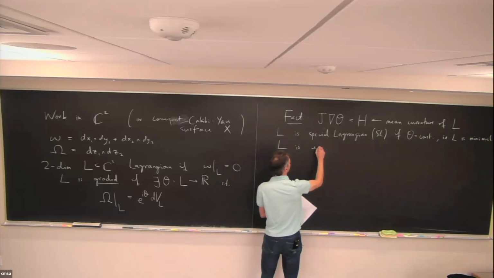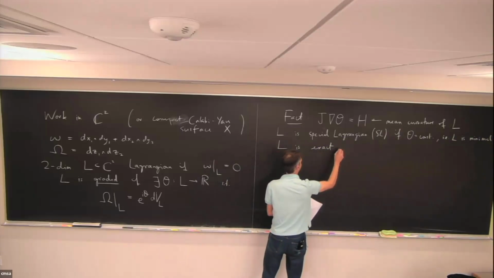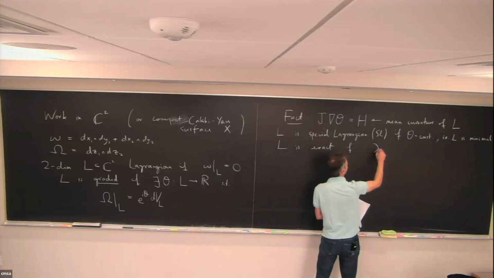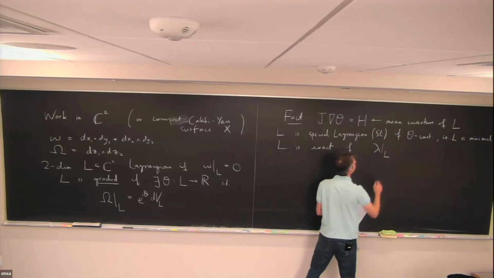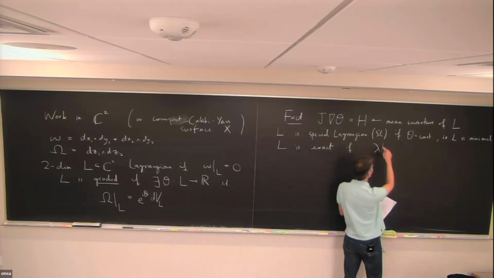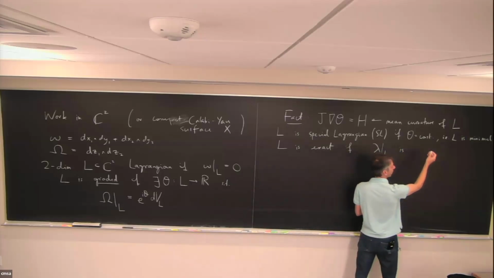L is called exact if, I'll write down what this lambda is, there's this Liouville 1-form lambda. Exact means that lambda restricted to L is an exact form.